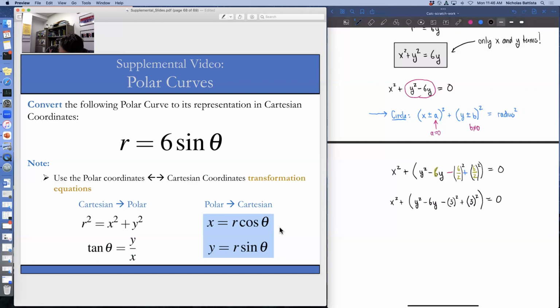So just squaring those terms, we have x squared plus y squared minus 6y, we'll have a minus 9, and we'll have a plus 9. So this is where we made that other observation that the sign in front of that 6y term was negative. What that means is when we square this thing, we'll actually need to group that plus 9 term with it.